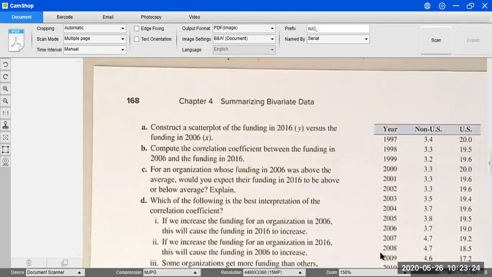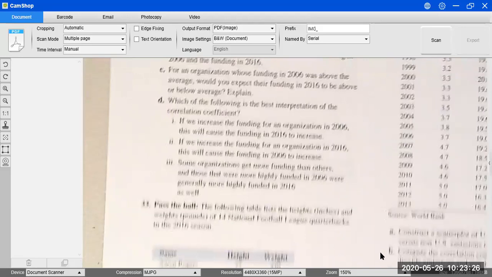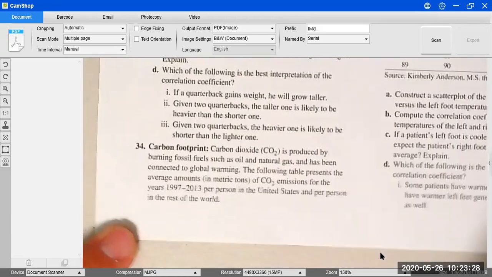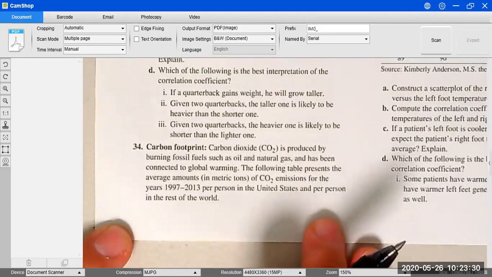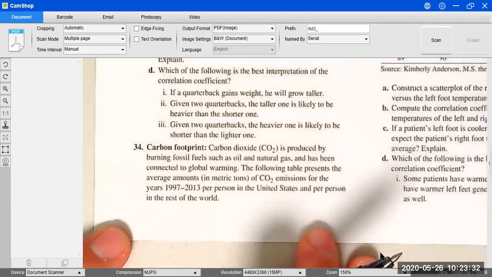Then the next problem is problem 34, which is about carbon footprint. Carbon dioxide is produced by burning fossil fuels such as oil and natural gas, and has been connected to global warming. There is a table presenting average amounts in metric tons of CO2 emissions per person for the years 1997 and 2013.